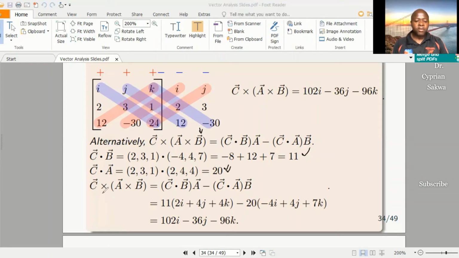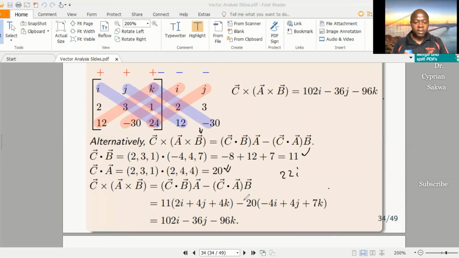So now I come to my formula. And this is the formula. C dot B times vector A. C dot B is 11. But this is vector A. And then minus 20, which is our C dot A, times vector B. This is vector B. So when you do that, you notice that this would be 11 times 2i, which will give you 22i.